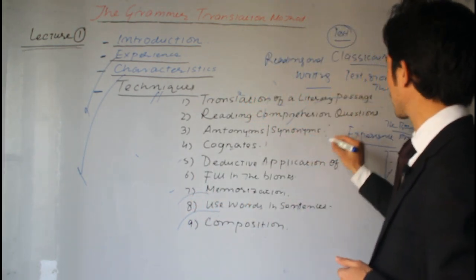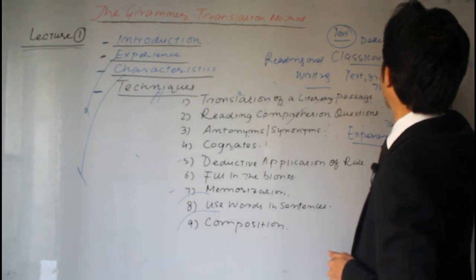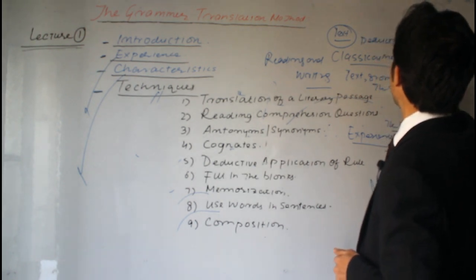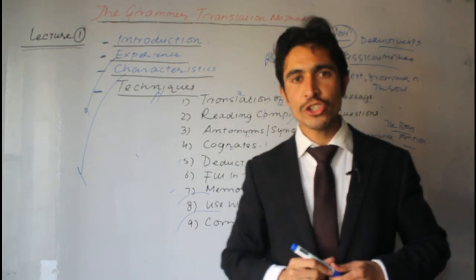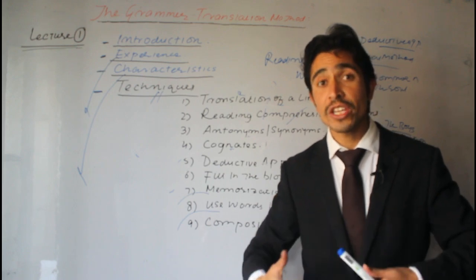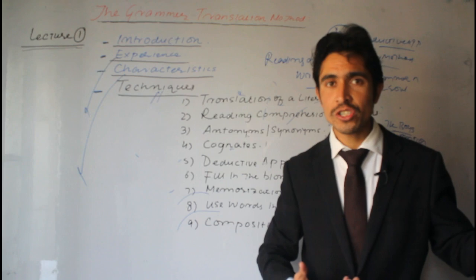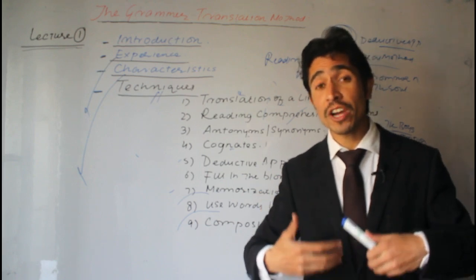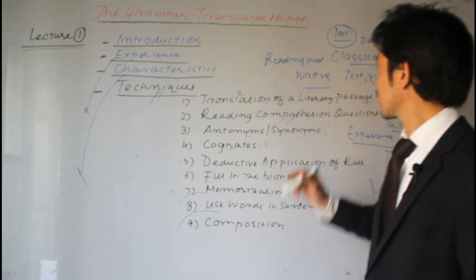The fourth is deductive application of rule. In deductive application of rule, grammar rules are given with examples. They have a finite number of structures and they can make an infinite number of sentences.